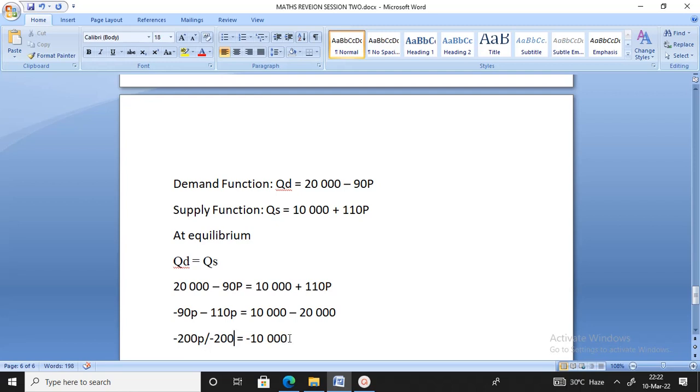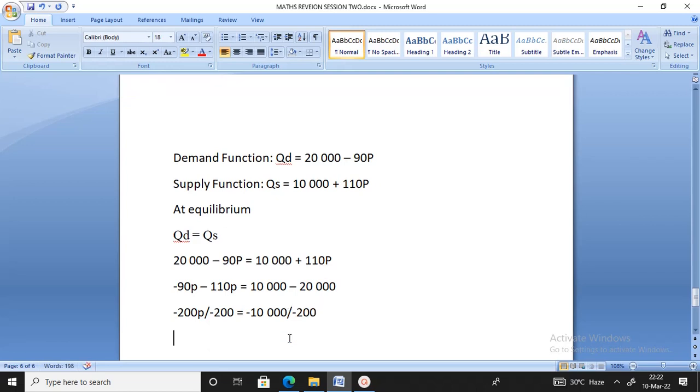Whatever you do on the left side of the equation should be done on the right side as well. So you divide by negative 200, and you have price equal to negative 10,000 divided by negative 200. That's going to be 50. So the equilibrium price is 50.